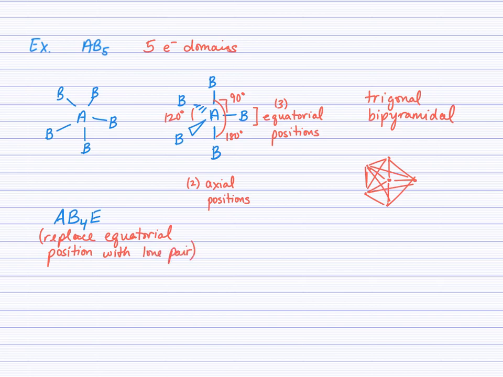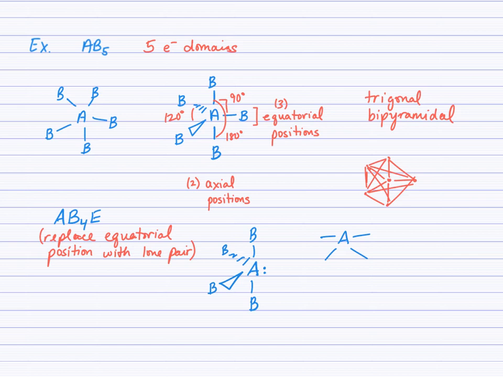So if we have A in the middle, we still have our 2 axial positions, but now the bond that was previously moving out here to the right is now going to have a lone pair. And I still have the wedge and the receding. And if you were to turn this on its side, it would kind of look like this, which essentially sets up like a teeter-totter.